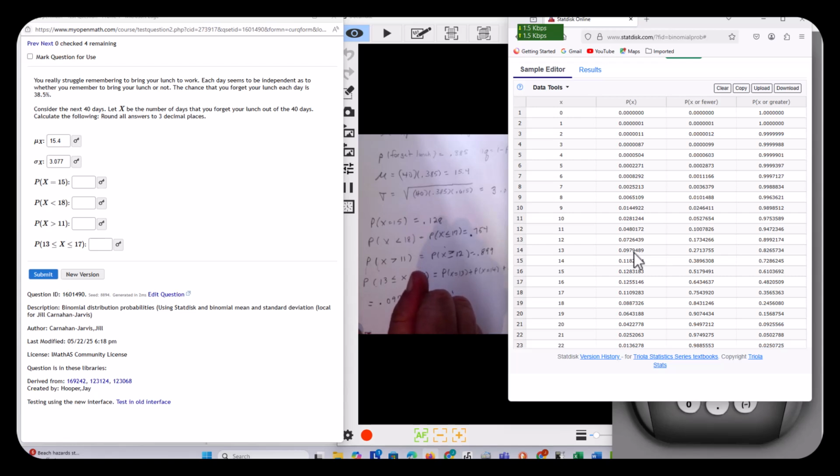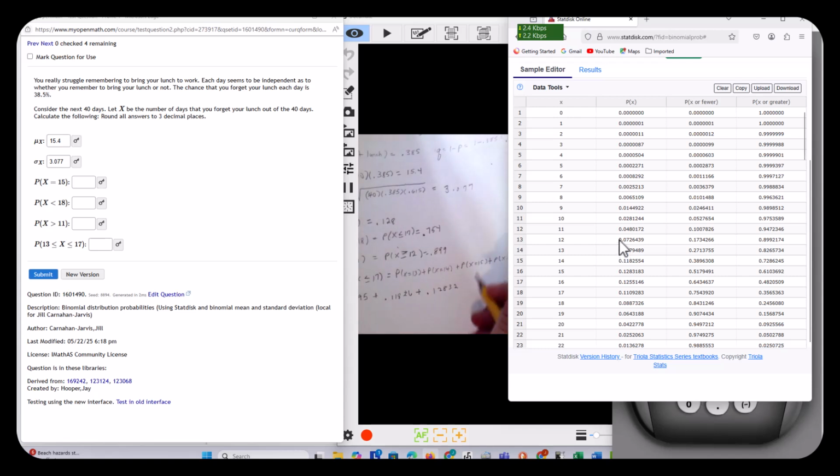Plus, do the 14 be 0.11826. Plus 14, 15, I'm down here. 0.12832.